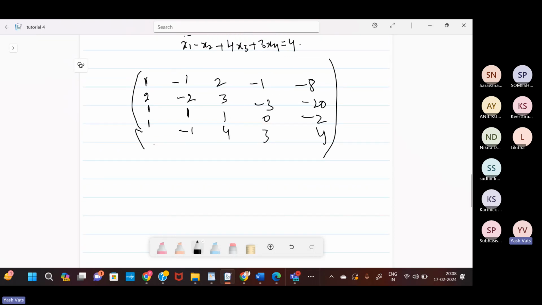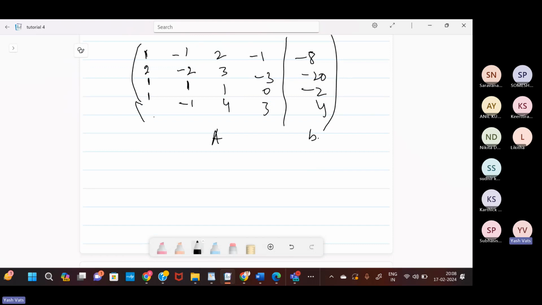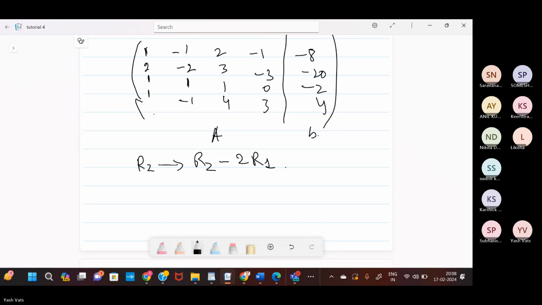So it's A. Now what is the next step? Anyone? Which operation should I use? Calculate the second row and tell me what the operation is. R2 becomes R2 minus 2R1. Am I right? Yes, sir. Right.